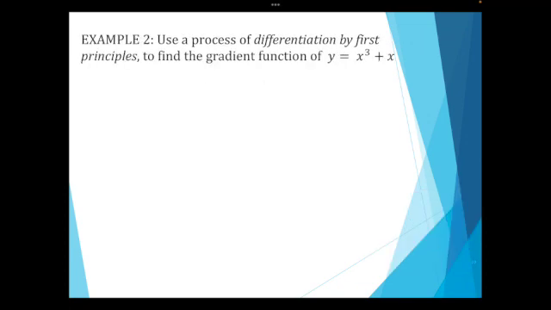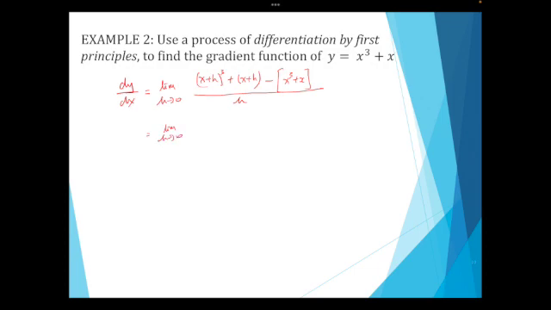Now, what I'd like you to do is pause the video for a while and start using the first principle to work out the gradient function of y equals x cubed plus x. Alright, so you know you need to find dy/dx. We write limit h approaches 0, ((x plus h) cubed plus (x plus h) minus (x cubed plus x)) over h.